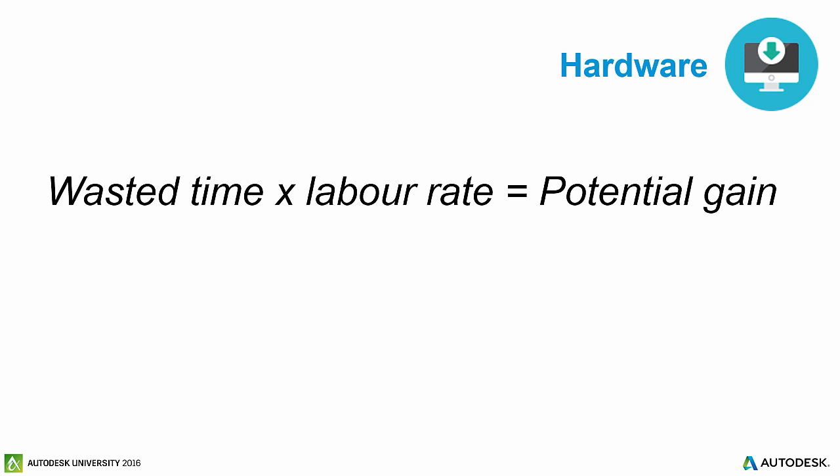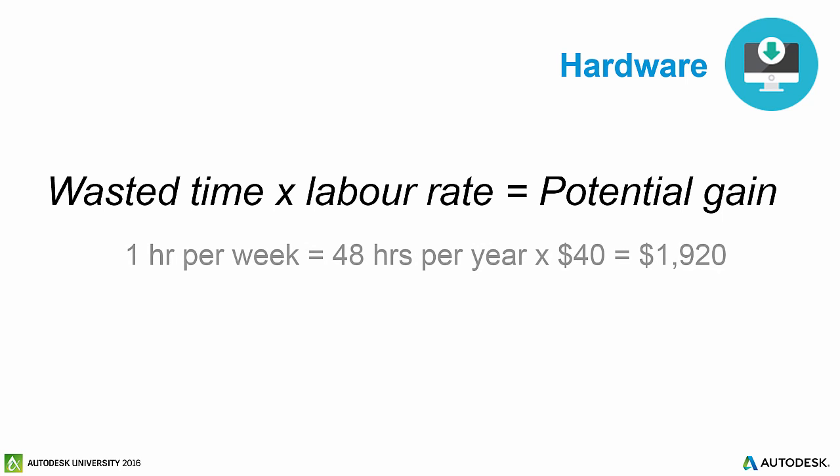Okay, so really it's relatively easy to calculate the potential gain from buying new hardware. The amount of time that you're wasting times the labour rate of your company equals the gain that we could achieve. So as an example, 1 hour per week wasted, 48 working weeks per year.